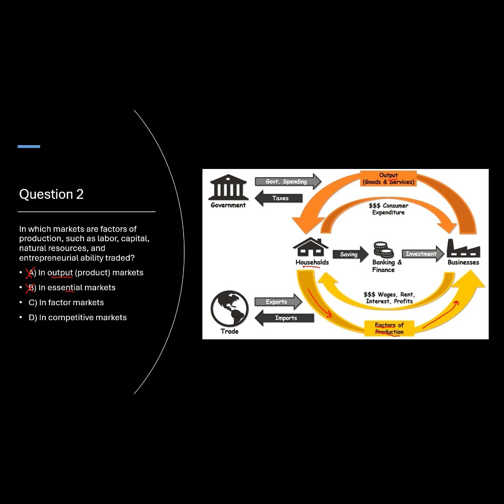So yes, it would be the factor markets. That would be where labor is sold, capital is sold, entrepreneurial ability is sold. D, competitive markets. Again, that's not even on the circular flow diagram, so we can cross that out.